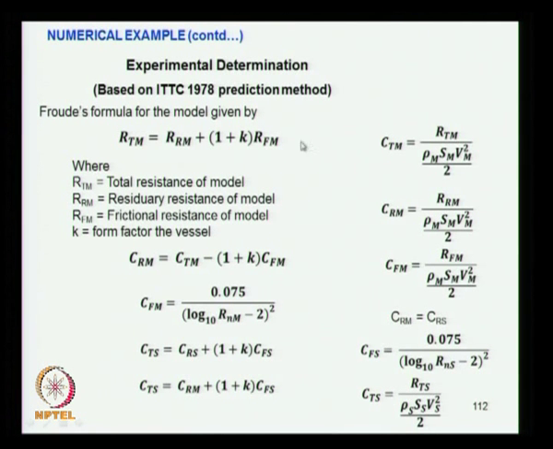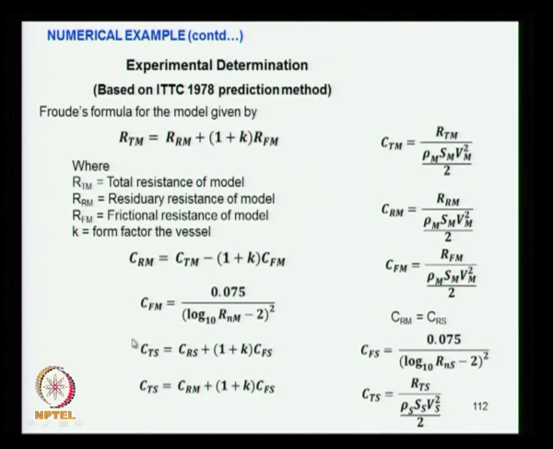So the conventional thing, you know that CRM is equal to CTM minus (1 plus K) into CFM. That is the residual resistance coefficient of the model, and it is the same as CRS because it is satisfying the Froude number. CFM is coming from the ITTC formula.